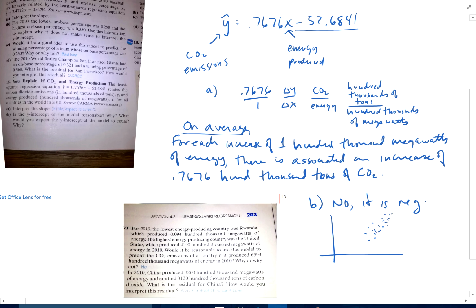This model is good for my data, but when you get outside the data range, it's not valid anymore. If you extend it, it goes down to negative. Really it's linear here, but then it curves. In reality, it probably curves like that. So we can't use our model for anywhere outside the data. That's called extrapolation. It's only good for inside my data range.